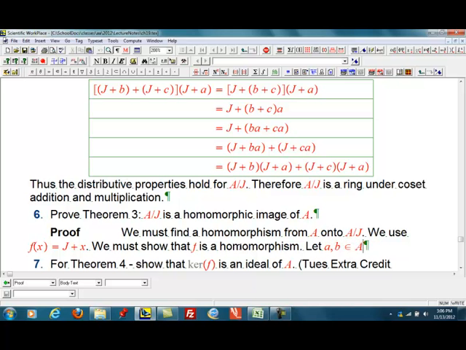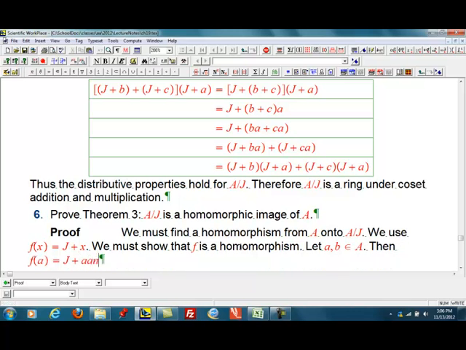Let A and B be in A. Then where does F take them? F of A is equal to J plus A, and F of B is equal to J plus B.